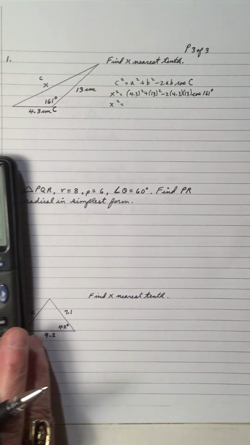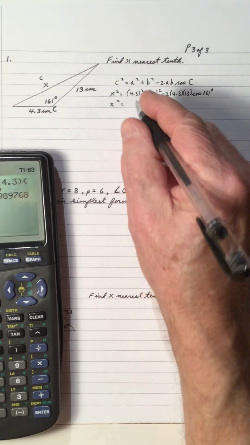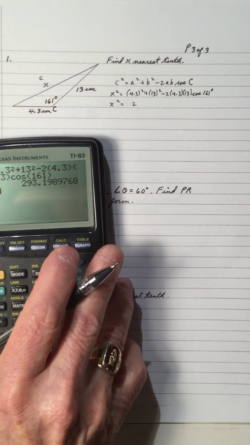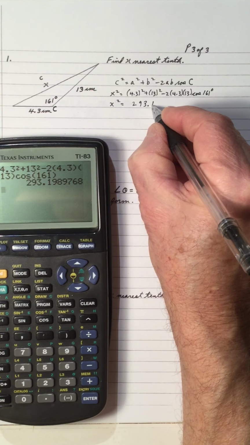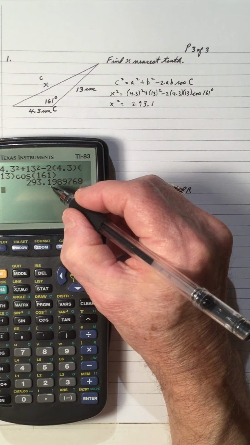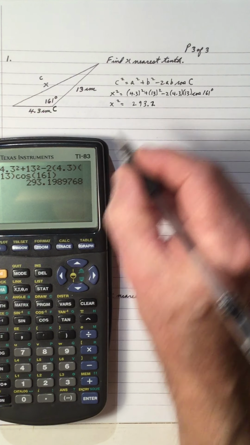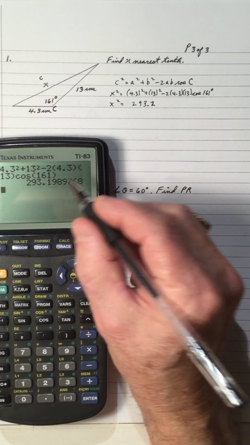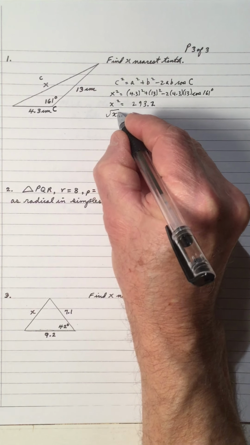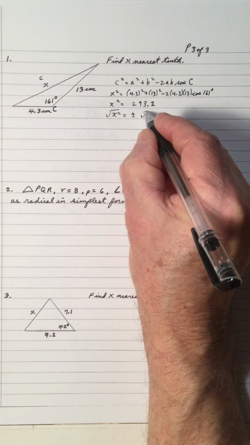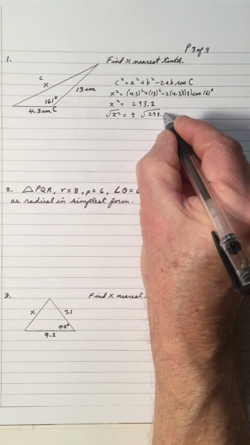And that gives us 293.2, round that off to the nearest tenth. So now we have x squared equals 293.2, and x is plus or minus the square root of 293.2.